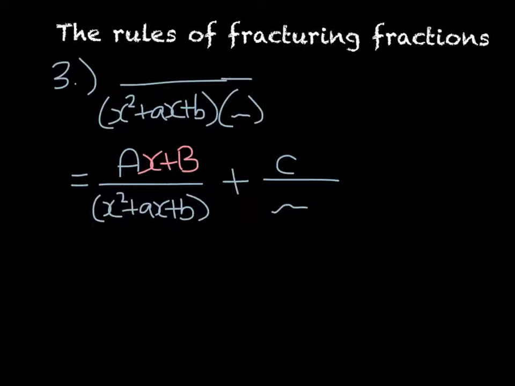Similarly, if you had something that was raised to the power of 3 in the denominator that didn't factor anymore, in the numerator you would have to have an ax squared plus bx plus c. So basically, whenever you're breaking things up into partial fractions, the degree of the numerator has to be 1 less than the degree of the denominator.